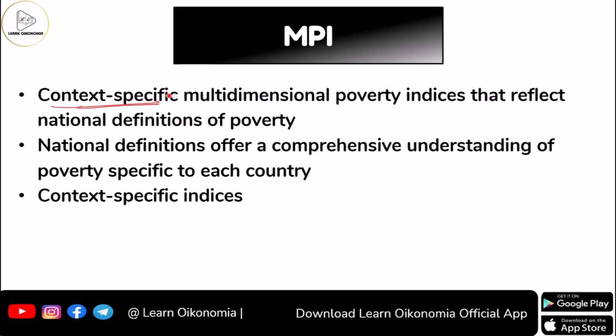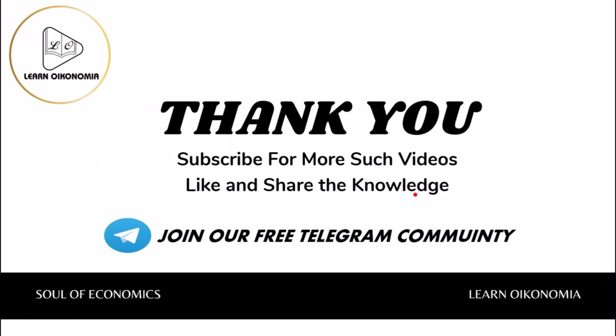So the national definitions should be taken into consideration to have a comprehensive understanding of country-specific poverty. So you should have context-specific indices to take into consideration the specific needs and wants of a nation. So that is all about the idea of multidimensional poverty.